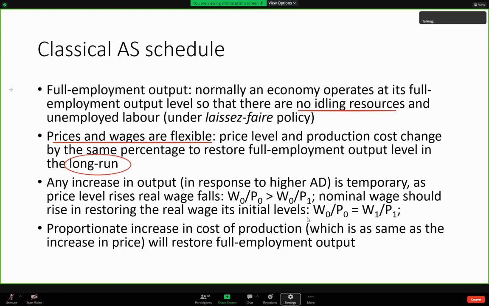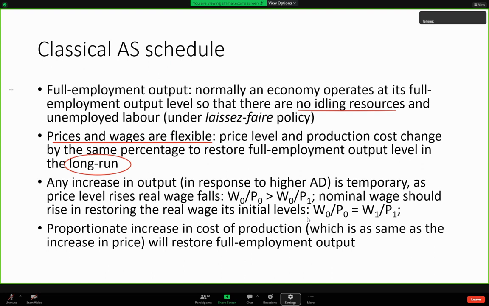So what the classicals are saying, we can't throw it away. They are also saying the same thing. But the Keynesians are saying what they are saying. We cannot throw it away either, because they are talking about the short run and classicals are talking about the long run.